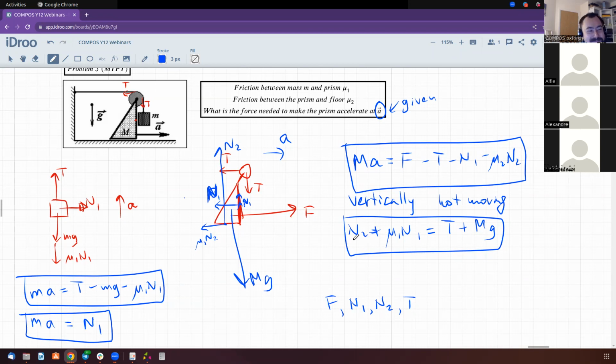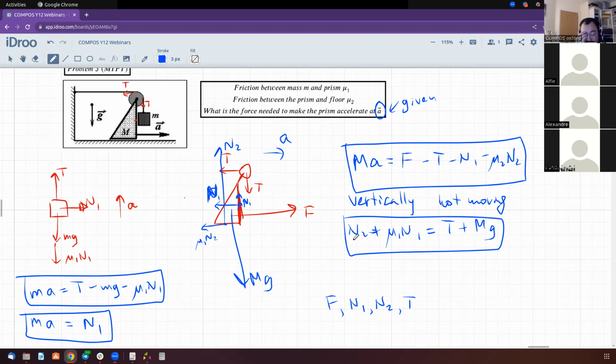Yes, they are. To answer this question, you just need to imagine that the bottom prism moves by a distance x to the right, and you will see that the mass will move x to the right.